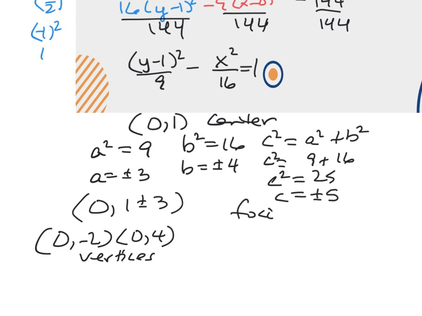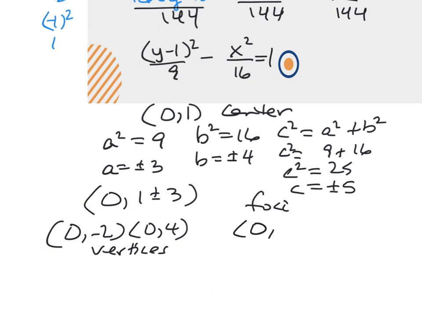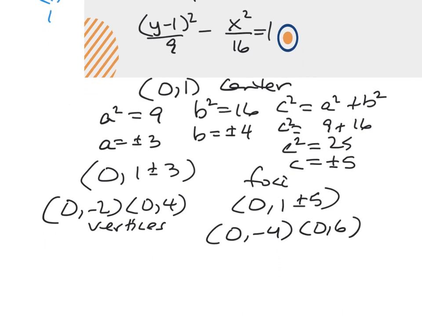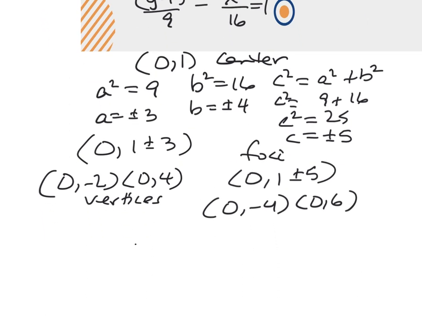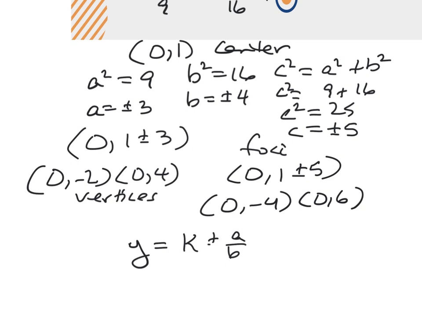My focus points, again, we're going to add and subtract 5. So I have a focus point here at 0, -4, 0, 6. I also need my asymptotes. Y equals k plus or minus a over b, because I see the y first.